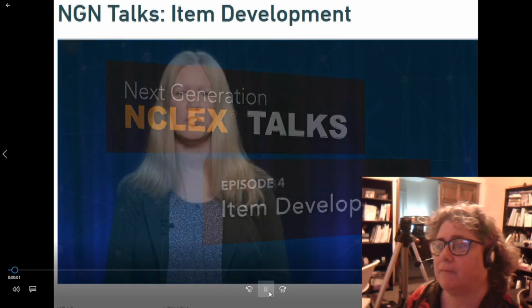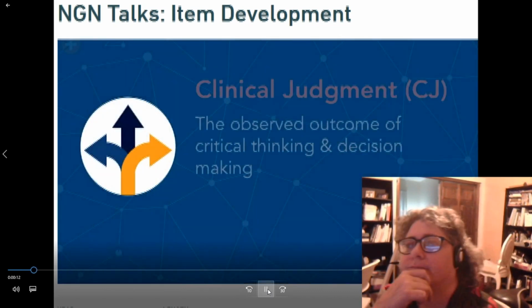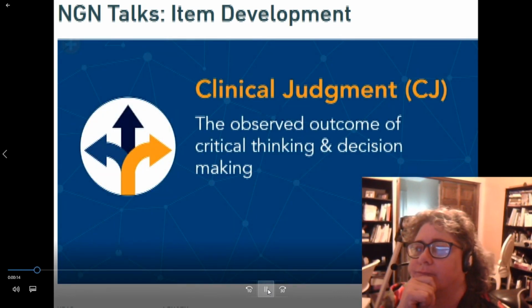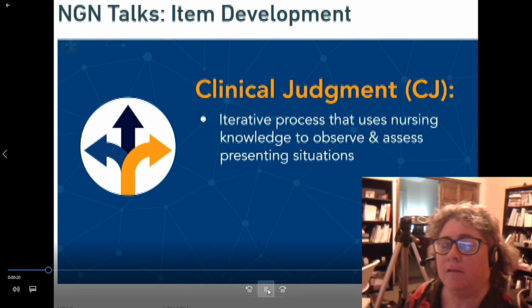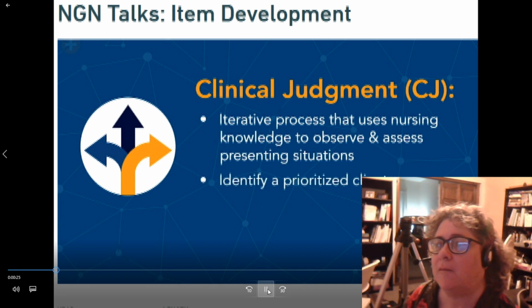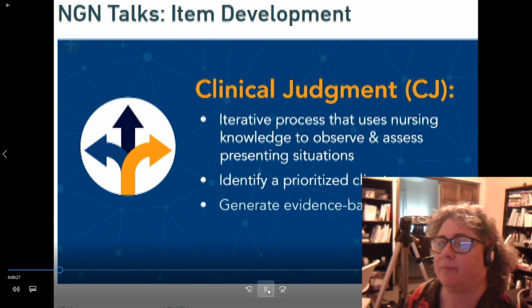The Next Generation NCLEX project, also known as NGN, began with development of an operational definition of nursing clinical judgment, or CJ. CJ is defined as the observed outcome of critical thinking and decision making. It is an iterative process that uses nursing knowledge to observe and assess presenting situations, identify a prioritized client concern, and generate the best possible evidence-based solutions in order to deliver safe client care.